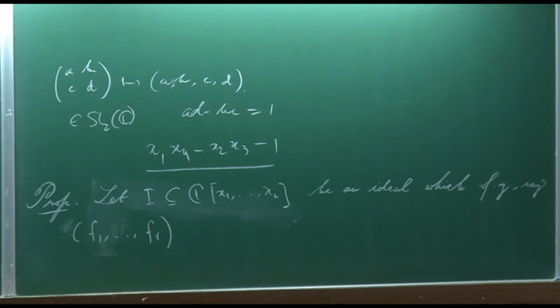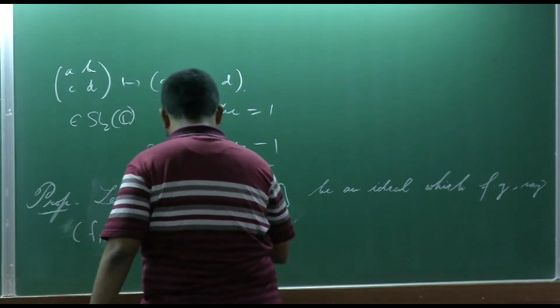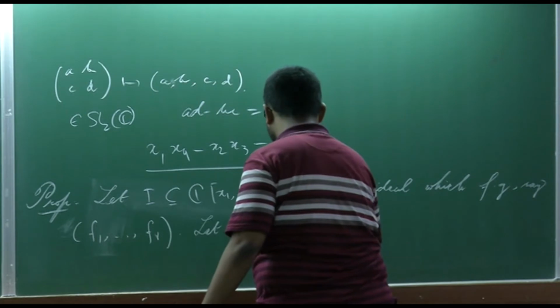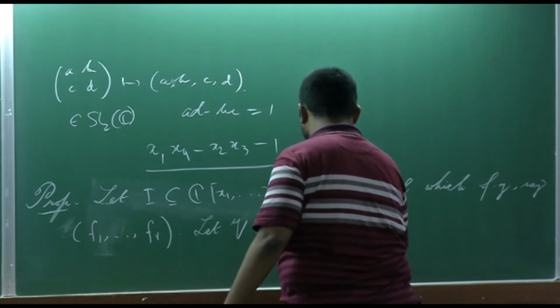So, we take a finitely generated ideal of this polynomial ring, and let V be the variety defined by the common zeros of those polynomials.